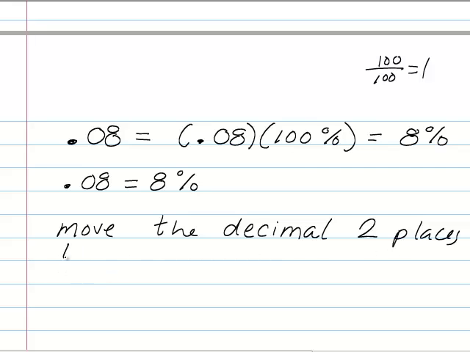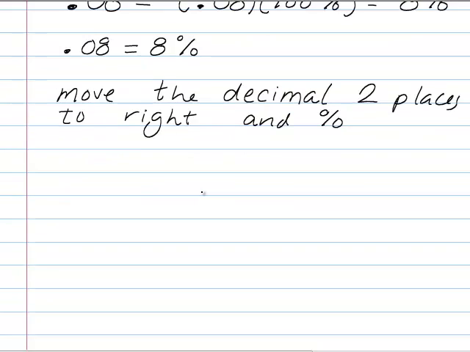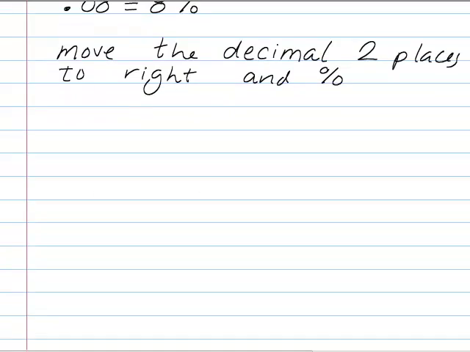Move 2 places to the right, but don't forget to add that percent sign, because otherwise we don't have an equivalency. 0.08 is not the same thing as 8. It is the same thing as 8%. Okay. So let's look at some more examples here.